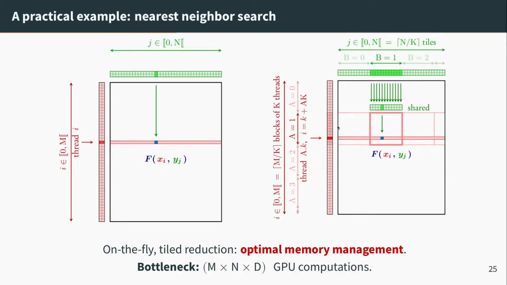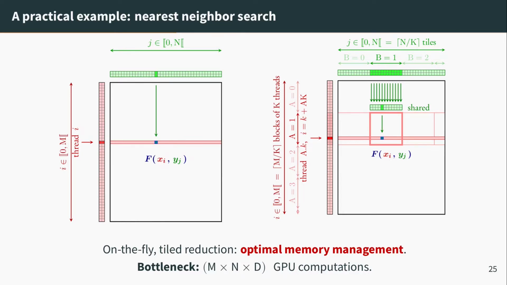Then we are going to loop over the points yj, but we are going to share all those memory reads by first making a memory transfer from the device RAM into the shared memory, and then during the loop making much cheaper memory transfers from the shared memory to the thread memory. And if you write the complexity, you realize that by doing that, you've divided the number of memory reads by the number of threads that you have in a block.